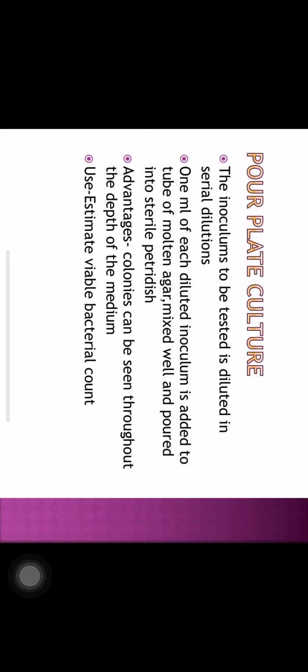Then pour plate culture method. In pour plate culture method, we take the molten agar which is hot after autoclaving, and which we pour in the petri dish for solidification, for preparing the solid media. In that molten agar, we add the liquid broth of the organism.